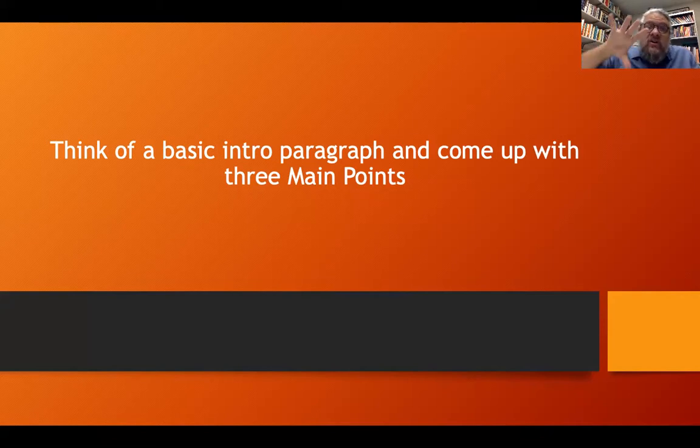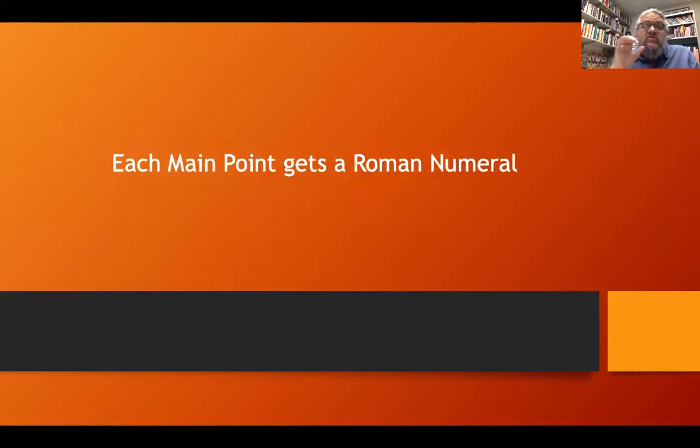Your intro paragraph should start kind of general and focus in on the main point of analyzing the article or book. Remember, last week we took a look at that worksheet with a list of different things to focus on for your analysis of the source. Think of those things, come up with your intro and 3 main points, and then the conclusion. Once you've got your intro, each main point underneath it should get a Roman numeral.